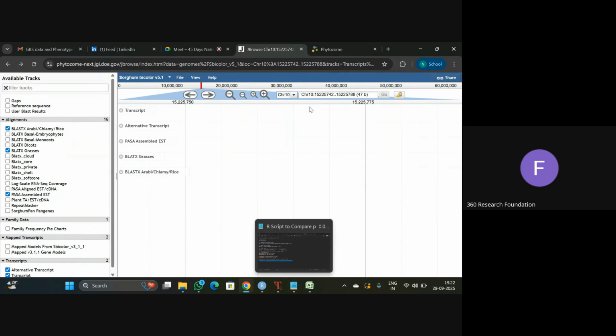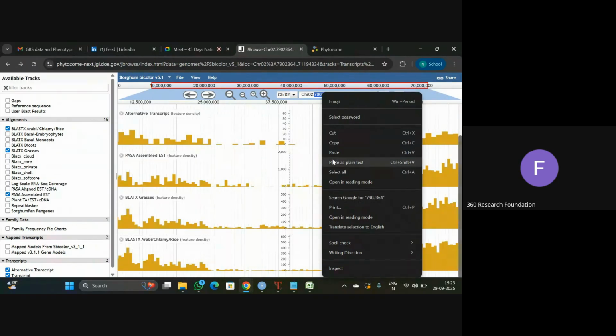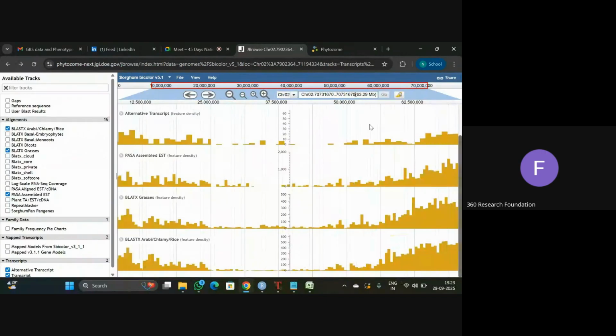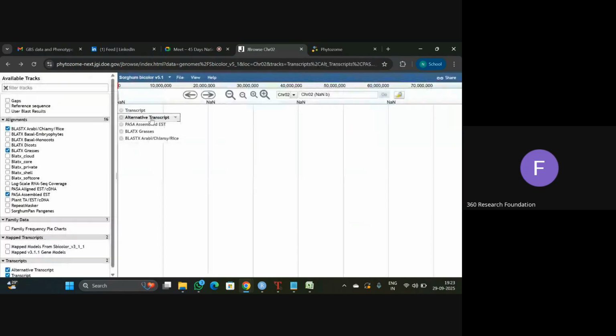Check the position of your SNP on the 10th chromosome. The tenth chromosome marker is not coming, as that is a false positive.